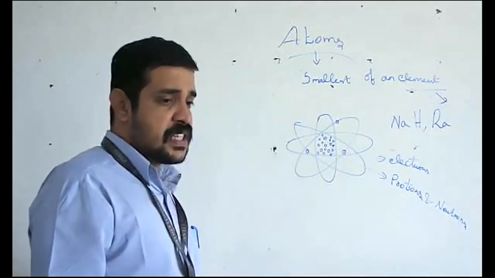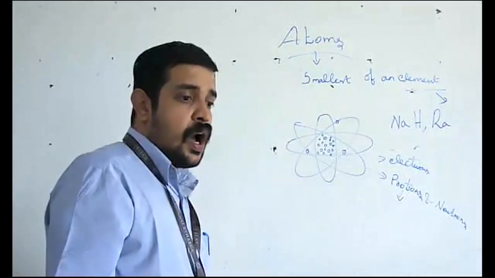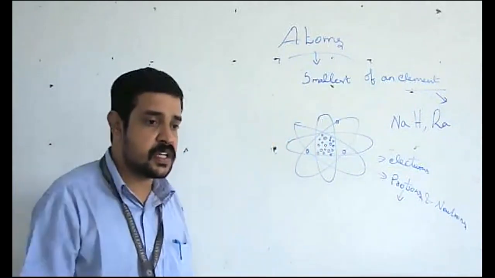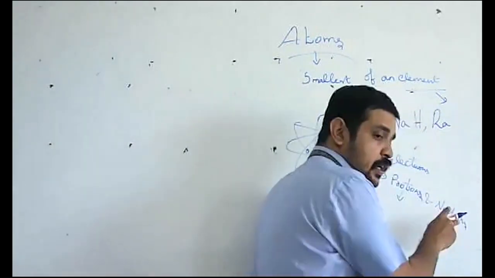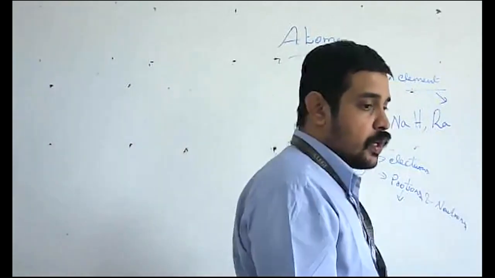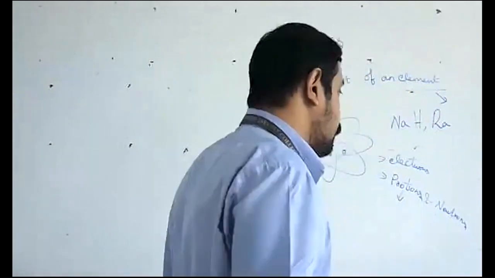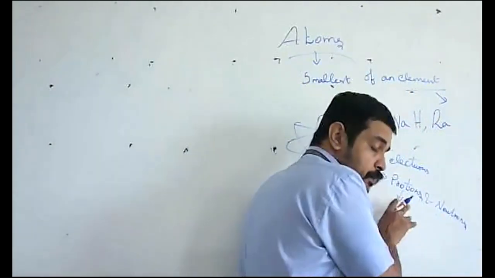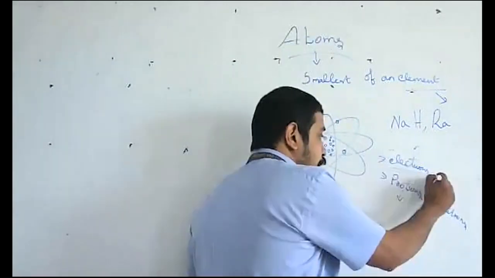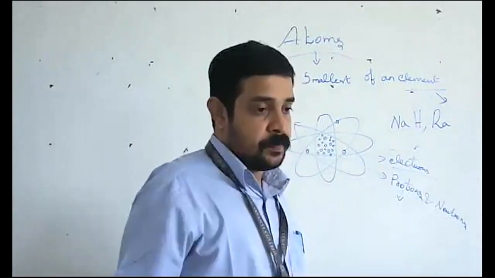Now, another important basic piece of information: protons are positively charged, whereas neutrons don't have any charge, or we call them neutral. That's why they are called neutrons. And electrons are negatively charged.